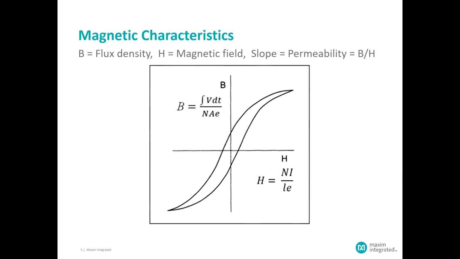At that point in time, you've lost the magnetic characteristics of the device. The current, if not externally constrained, can go out to destructive levels. And so whenever you look at these curves, you want to operate well below where that curve tends to flatten out. You want to stay away from saturation.